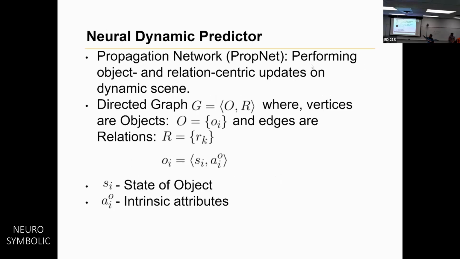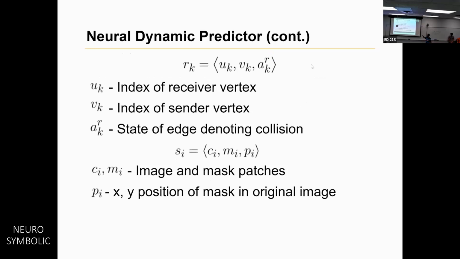Here, the object is represented by a state and its attributes, and the relations are represented by the objects that are receiver and sender, as well as the attribute. Here the attribute of the relation is only one, that is collision. Whereas in the original PropNet paper, they discussed planning the dynamics for things like a spring or Newton's cradle, where they can also add a different attribute such as spring tension.